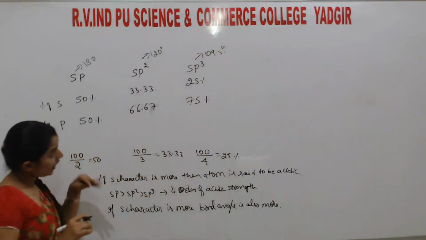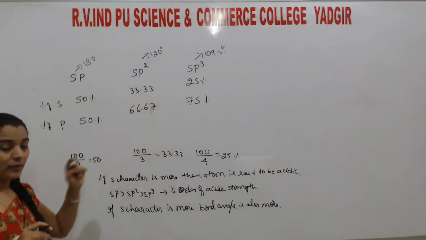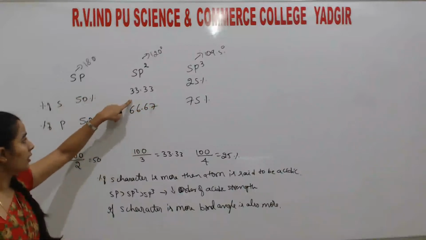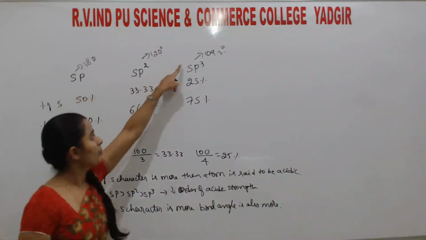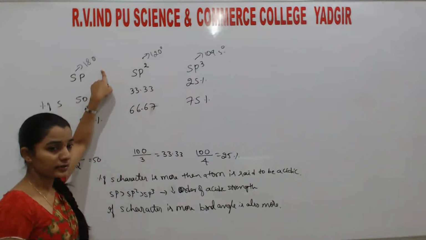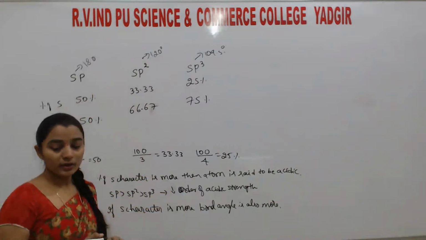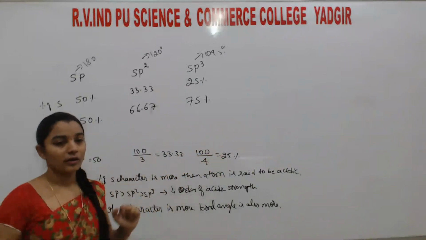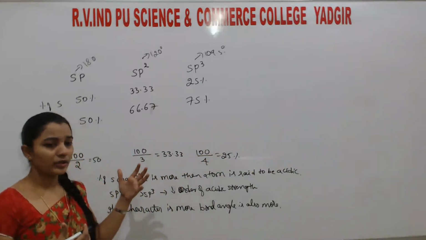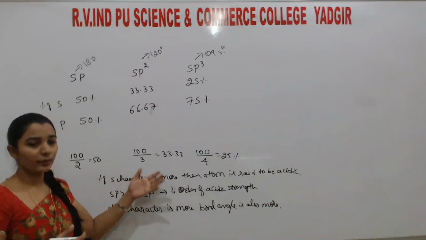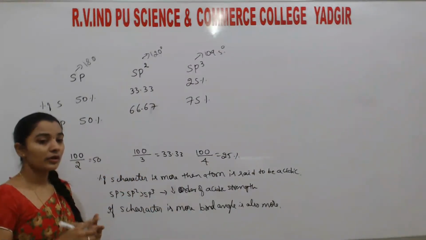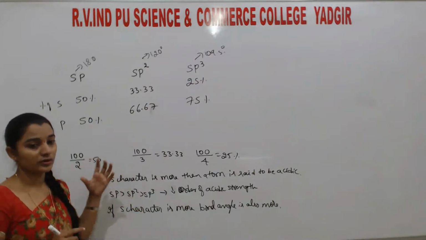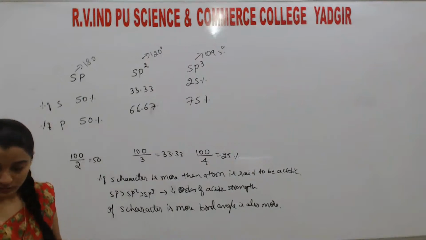As the s character increases, 25 to 33, 33 to 50, the bond strength also increases. Remember these two points, very important points for the NEET examination, because they will give some compounds, like double bond compound, single bond compound, triple bond compound. Among those, they will ask you to choose which one is acidic, which one is less acidic, which one is more acidic. So remember this.